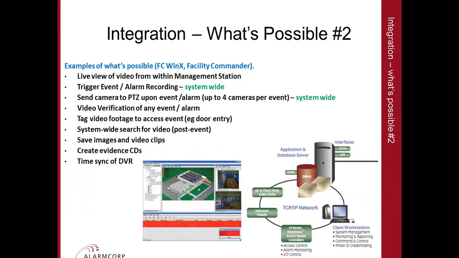And with most of the TruVision DVRs, you can actually also have associated cameras being triggered on the same DVR. Once you step up to the integrated platform, it means you can use events from one DVR to trigger recording, trigger events on another DVR that might be another part of the system.